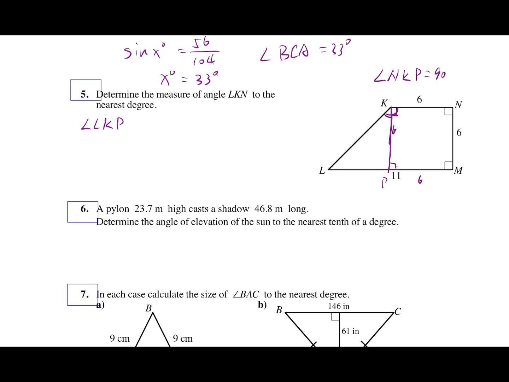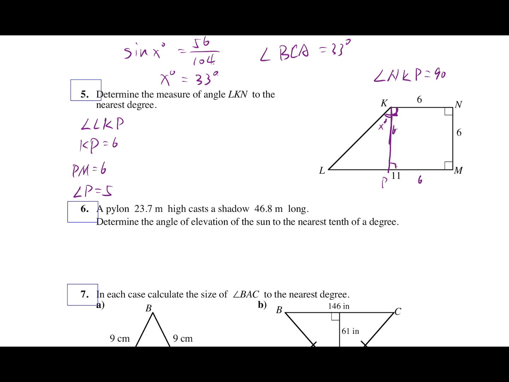Okay, for this one we can set this as x, and we know AP is 6, and LM is 11 in total. Because this is a square, the PM is 6, and then LP is 5.